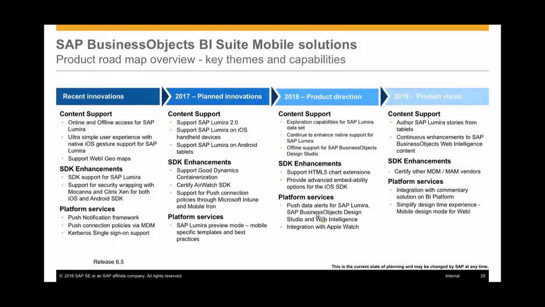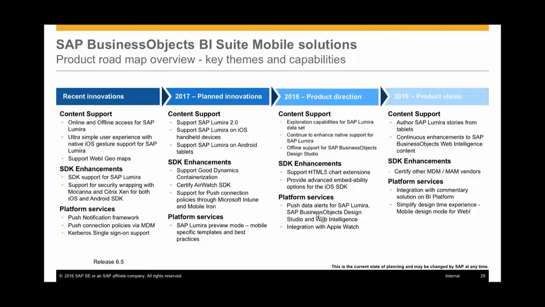Now, apart from 6.6 and 6.7, which are planned in 2017, we are also working on a lot of other capabilities. For example, providing exploration capabilities for Lumira on the mobile device. Today, mobile access is pure consumption.